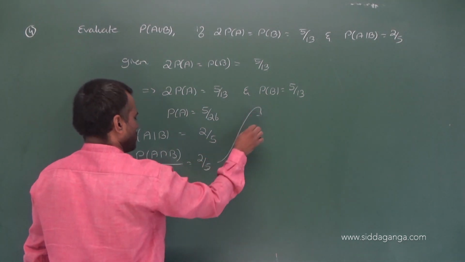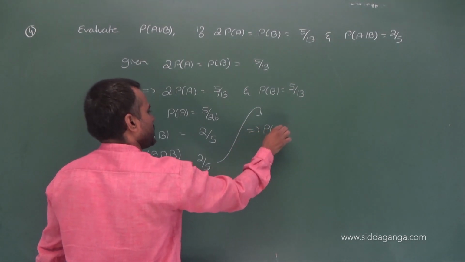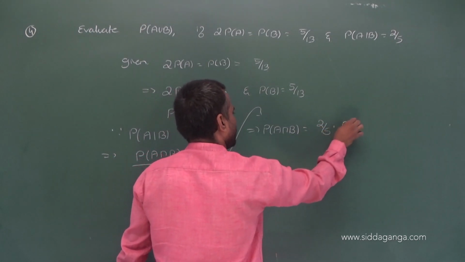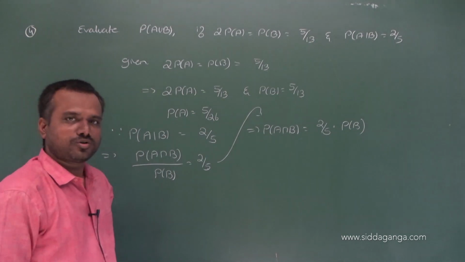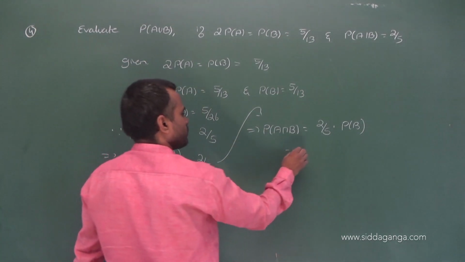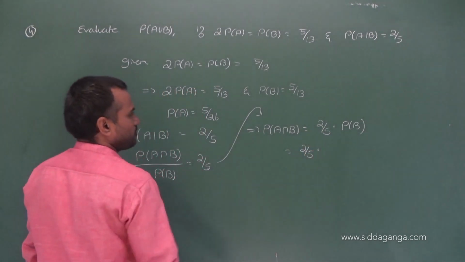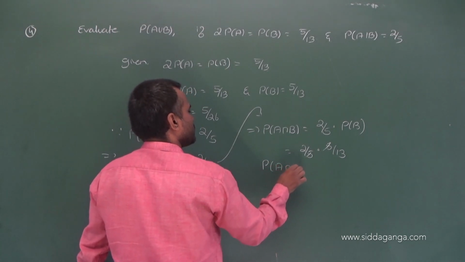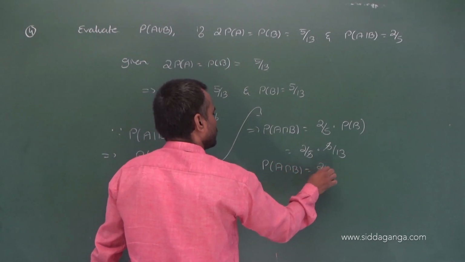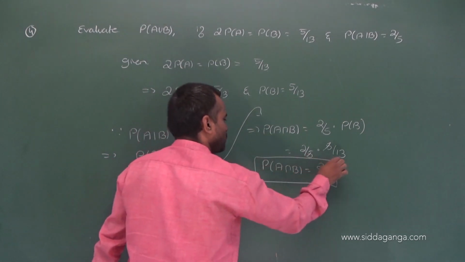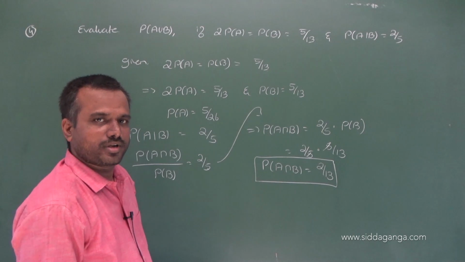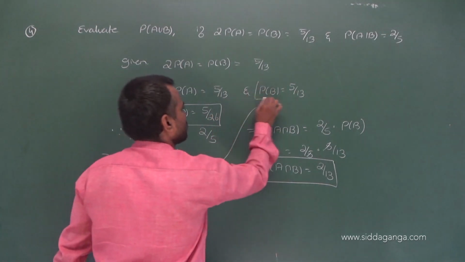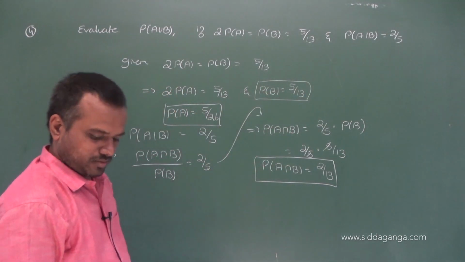That implies P of A intersection B is equal to 2 by 5 into P of B. P of B is 5 by 13. So P of A intersection B is 2 by 13.